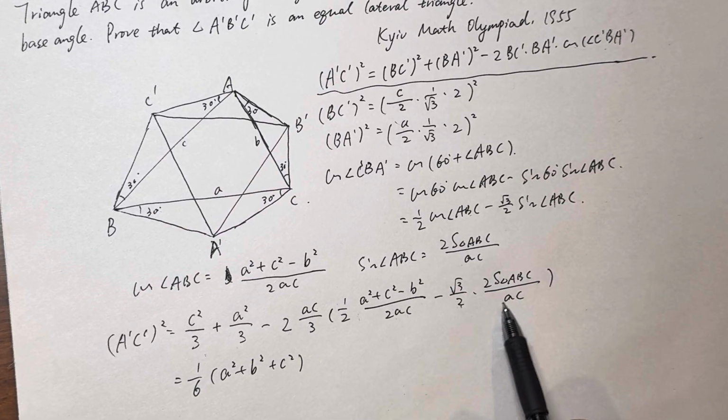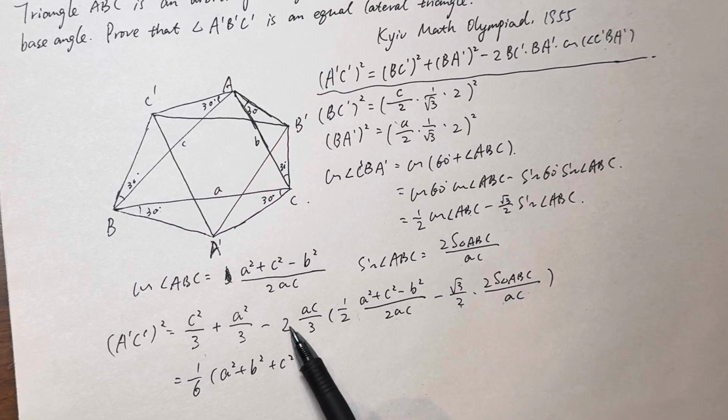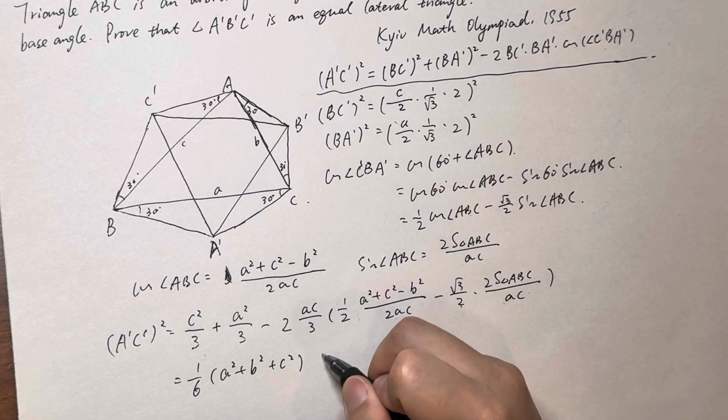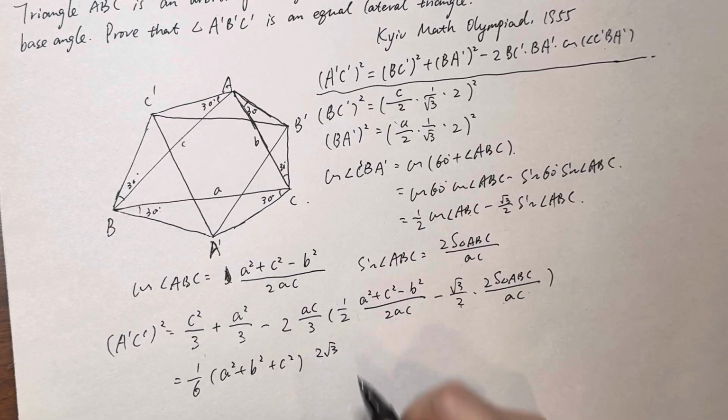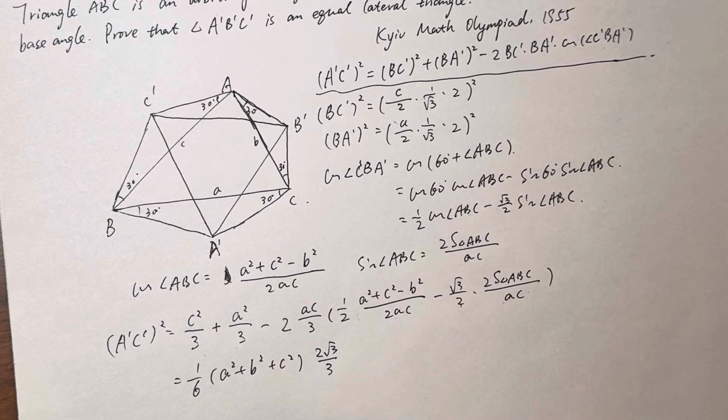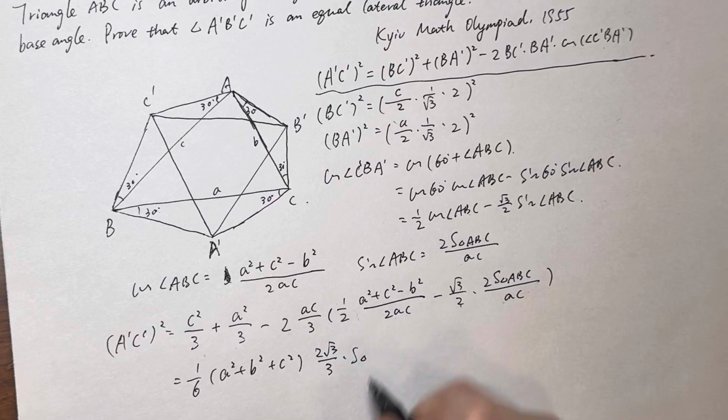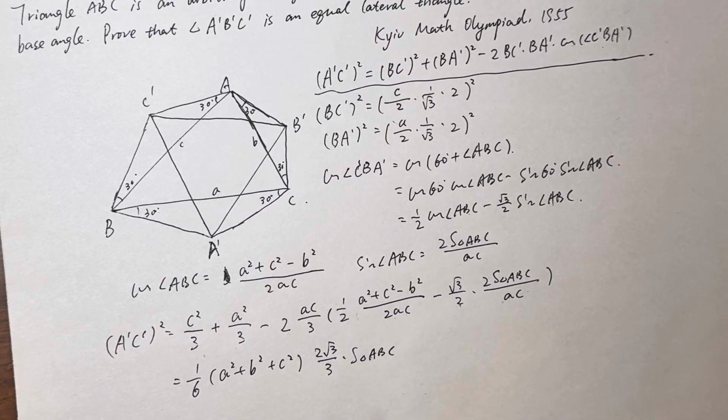So 2ac cancels this ac out. We still have this 2 left, over square root 3, right? Yeah, that's correct. So that's 2 square root 3 divided by 3 times the area of triangle ABC, and the sign would be plus.